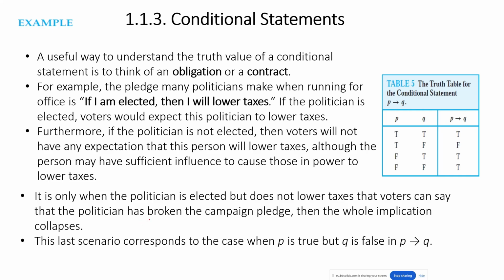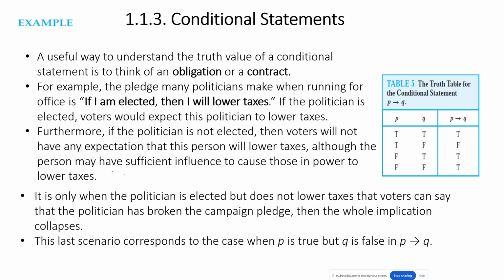Okay, let's have a look. A useful way to understand the table for the conditional statement is to think of an obligation or a contract. For example, the pledge many politicians make when running for office: if I'm elected, then I will lower taxes. Maybe that's a good example. If the politician is elected, voters would expect this politician to lower the taxes.